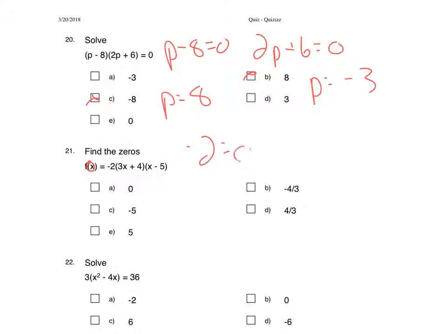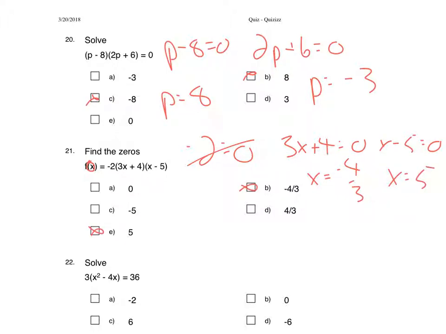So I get negative 2 equals 0, 3x plus 4 equals 0, and x minus 5 equals 0. Well, negative 2 does not equal 0. Subtract 4 and divide by 3 and you get x equals negative 4 over 3. Add 5 and you get x equals 5. So you get B and E.